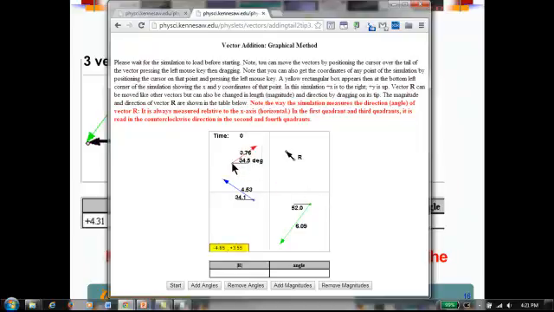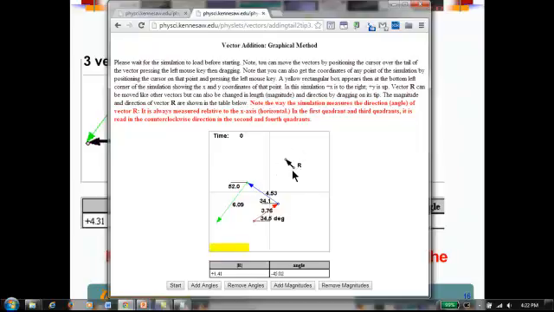Anyway, so I can drag each of the vectors. I'm going to start with the red one. I'm going to position it anywhere on the screen, and then come with the blue one and position it at the tip of the red one. And then I come with the third one and position it at the tip of the second one. So my vector sum should be from the tail of the first one to the tip of the last one.